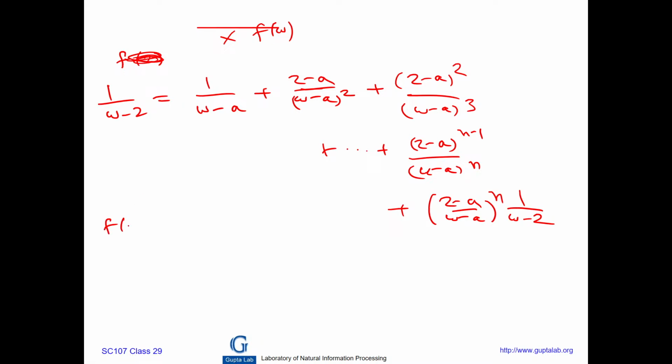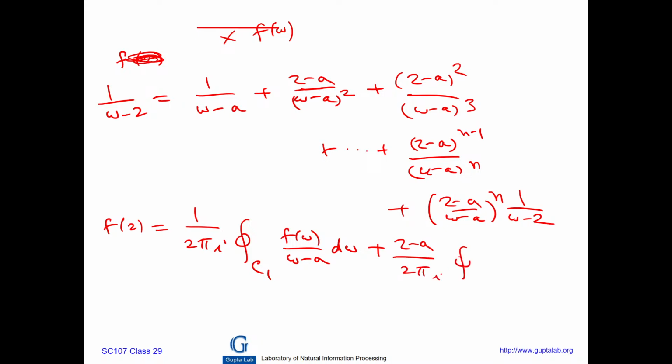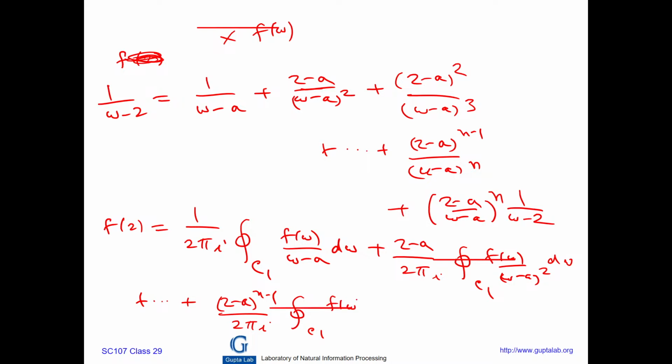So we will get f of z is equal to 1 over 2 pi i integration along C1 of f of w divided by (w minus a) dw, plus (z minus a) divided by 2 pi i integration along C1 of f of w divided by (w minus a) whole square dw, and so on, up to (z minus a) whole raised to power n minus 1 divided by 2 pi i integration along C1 of f of w divided by (w minus a) whole raised to power n dw, plus a last term which I am calling Un. What is Un?